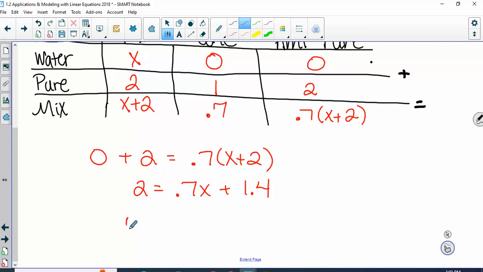Subtract over the 1.4. Divide. 5.7. You can write it as a decimal, or you just leave it as a fraction.